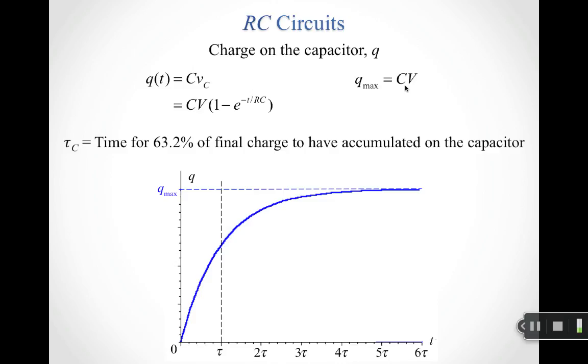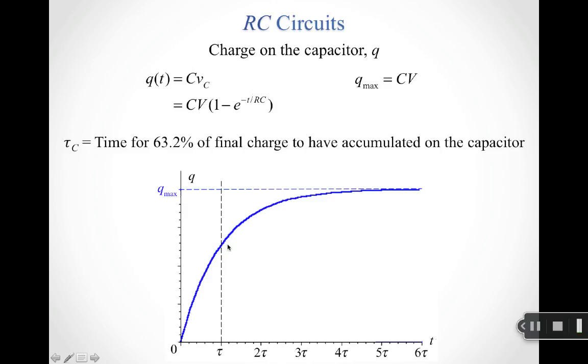In the same way that we said the maximum current flowing through my circuit is just going to be V over R, the voltage of the battery divided by the resistance of the resistor, the maximum charge on the capacitor is going to be given by C times V, the capacitance of my capacitor times the voltage of the battery.